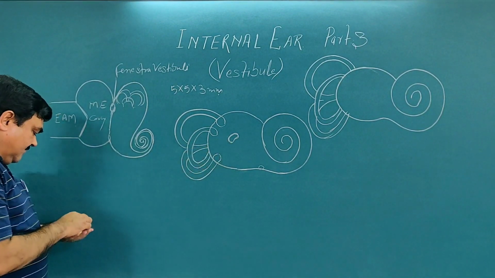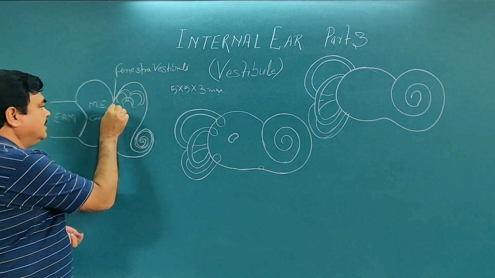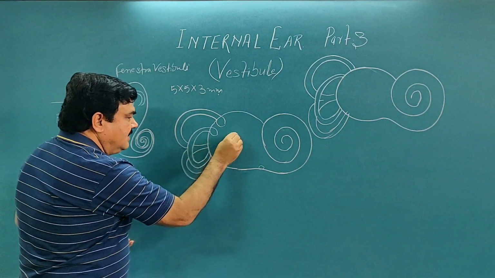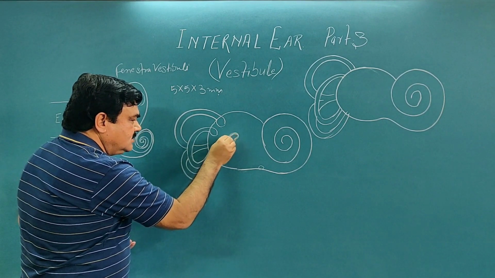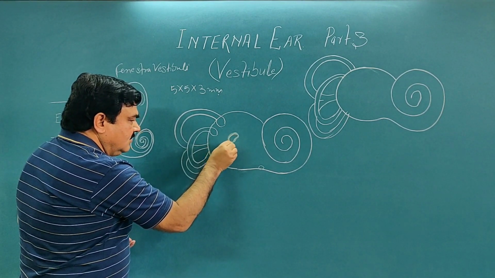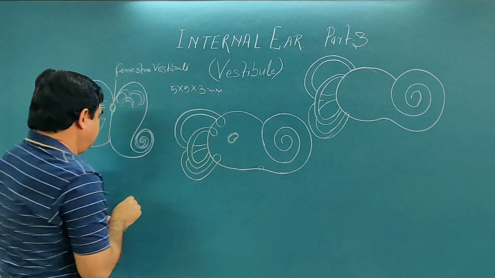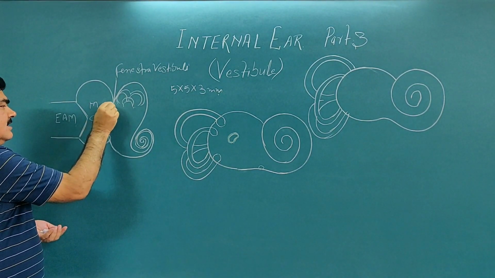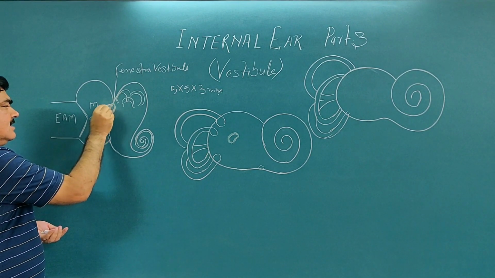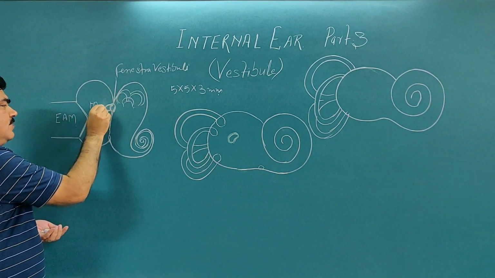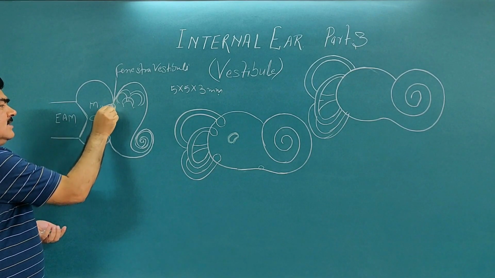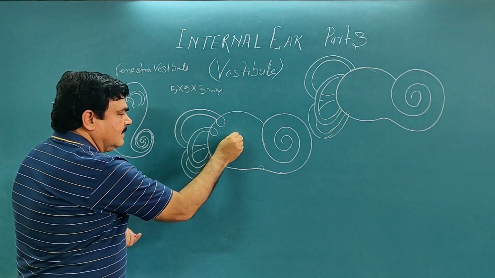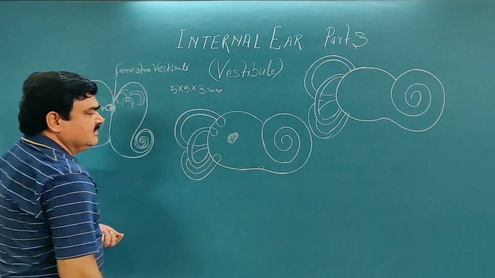Here, the annular ligament is attached to the margin of this, and through this ligament, the footplate of the stapes is attached. Here is the stapes, and its footplate is attached and covers this.